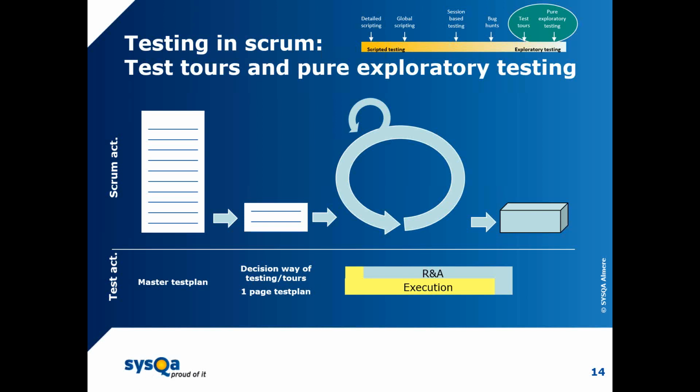Before, we saw that preparation was blue and execution was yellow. With test tours and exploratory testing, you start with execution. But that doesn't mean you don't document anything. During the execution, you decide which test cases will be part of the regression test set, and you document these test cases well.